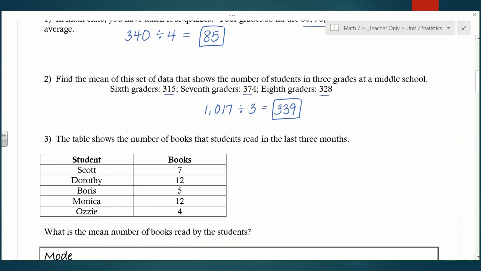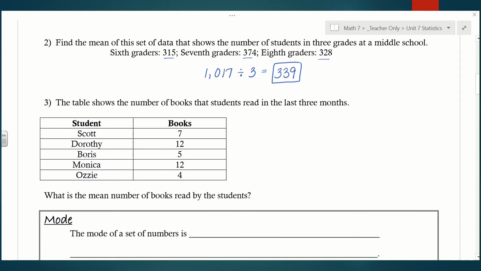Okay, one more example here. The table shows the number of books that students read in the last 3 months. So we can see from the table, Scott read 7, Dorothy read 12, and so on. What is the mean number of books read by the students? So this is the same process. We just are getting our numbers from a table now.